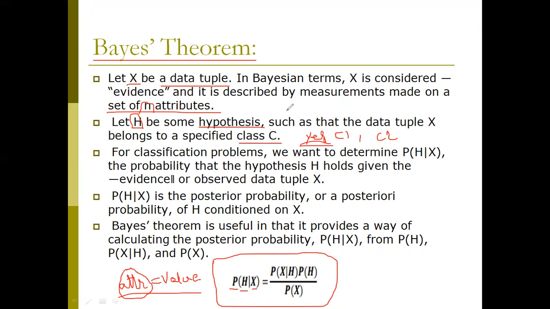Or X is a data tuple, not only a single attribute value. At a time you may take multiple attribute values to calculate. You can take only a single attribute value or multiple attribute values under X here.